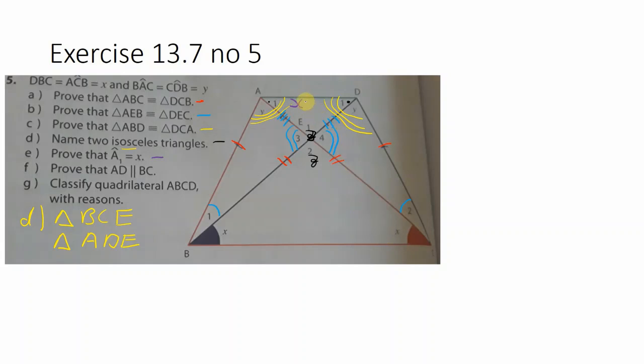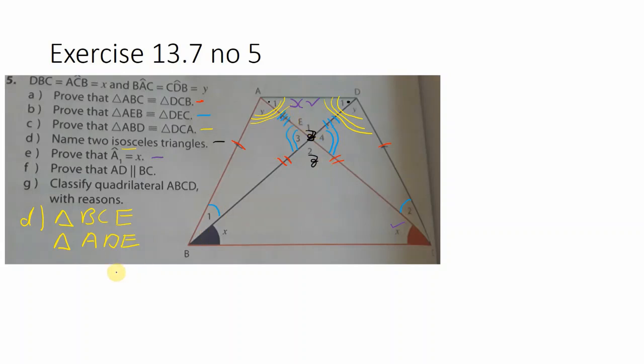So I can say this x is equal to this x here because it is alternating angles. They are on opposite sides of this line, and they are both inside the parallel lines.